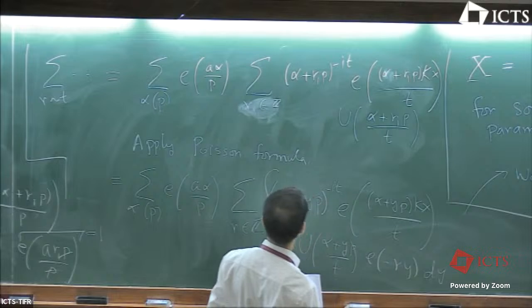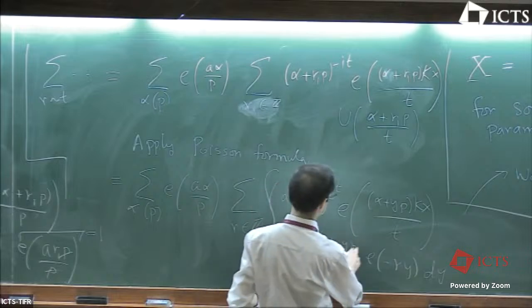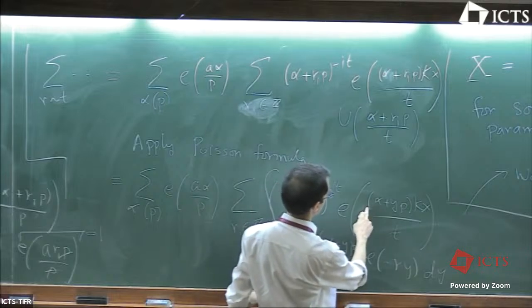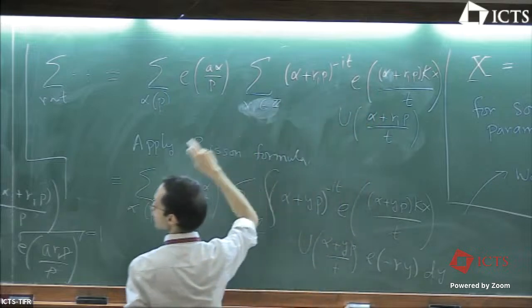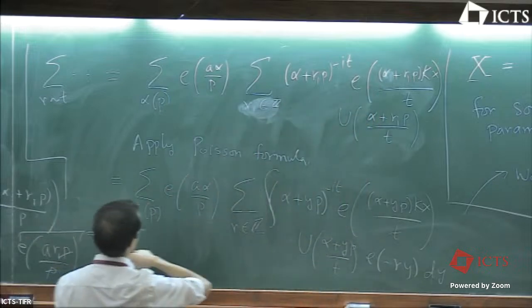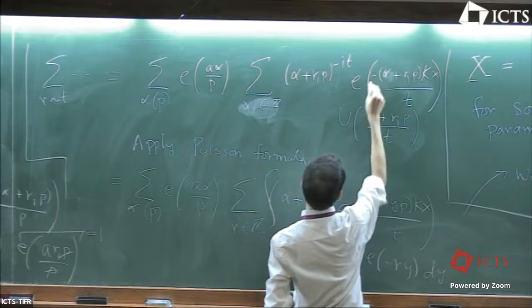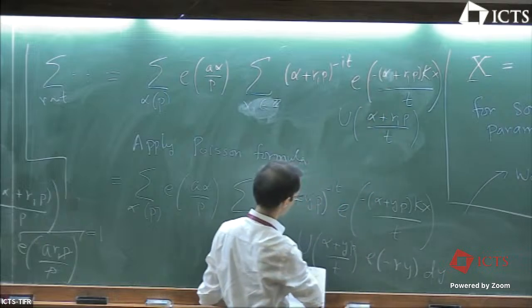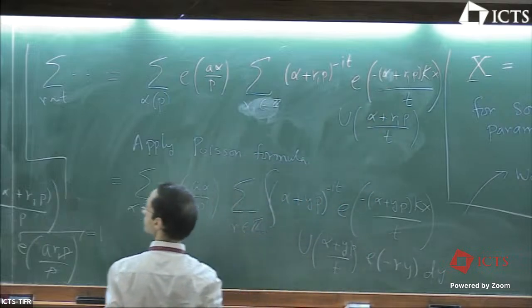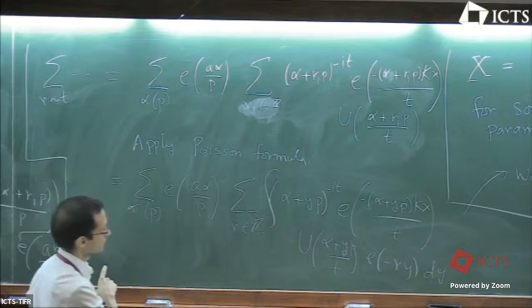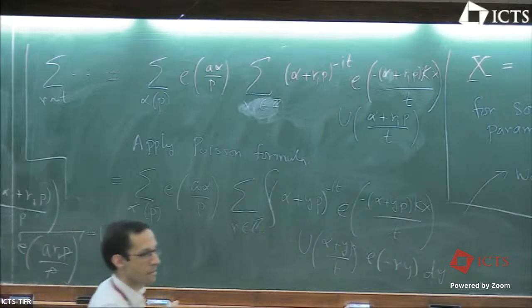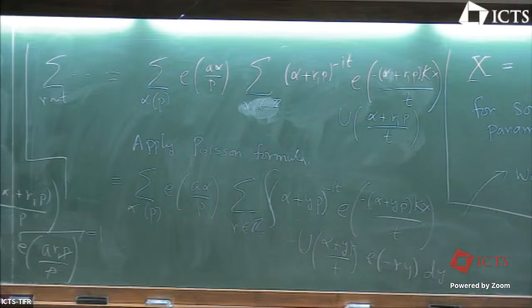There's a minus sign missing. It should be a minus sign here and a minus sign here. Thank you. From the start, I had flipped it. Okay, so let me make sure that I am not making that mistake.